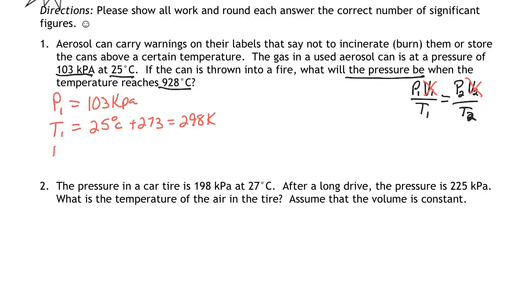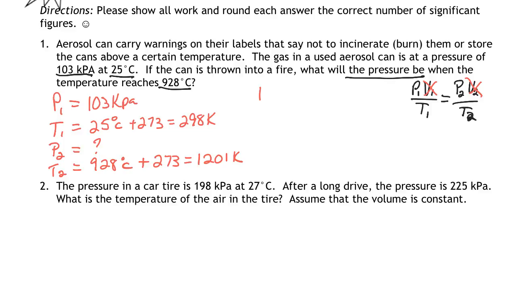My pressure 2, my ending pressure, is what I'm going to need to find out. Temperature 2, I'm given, again, it's 928 degrees Celsius. I need to convert that to Kelvin, and that's 1,201 K. Now all I have to do is just plug this into my formula.